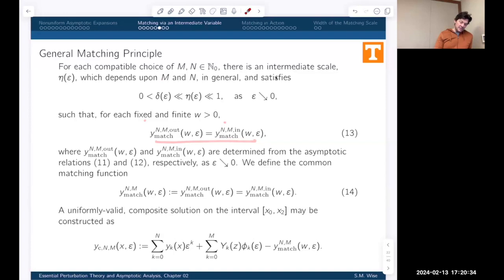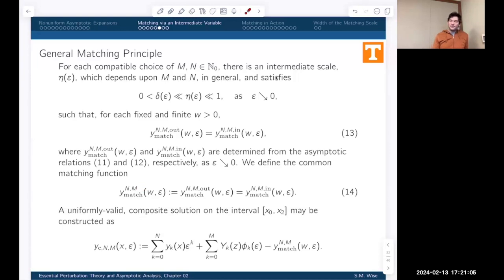The expansion that you generated from the outer solution and the one you generated from the inner solution are exactly the same. These were determined through the asymptotic relations 11 and 12 on the previous slide. So we're going to call that common value Y match NM of W and epsilon. That's the common thing. This and this are equal, so let's just give it a common name. All we're doing is dropping the out here.